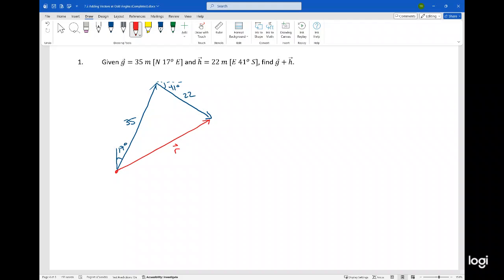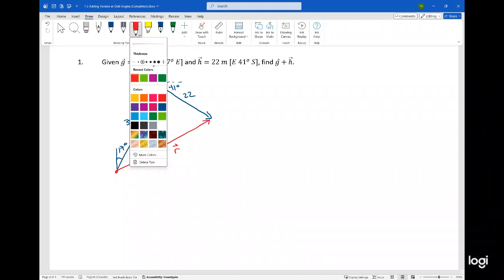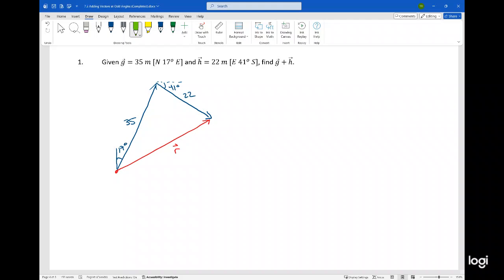Now I'm going to switch to another color here. Let's do green, I guess. And instead of thinking of this as a non-right angled triangle, I'm going to think of it as one right angled triangle here and a second right angled triangle here. And I can give these 4 vectors whatever names I like.